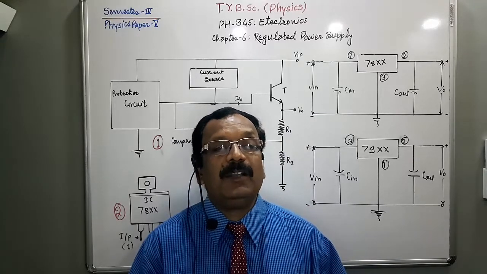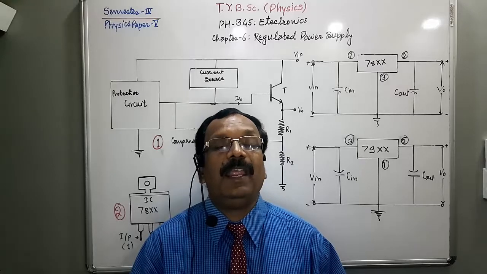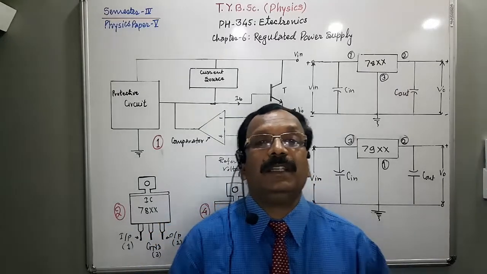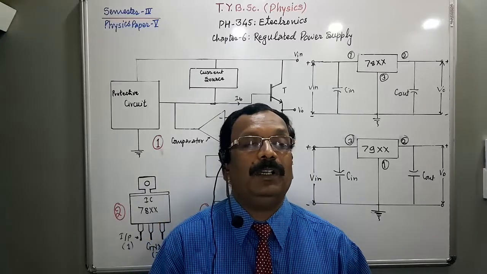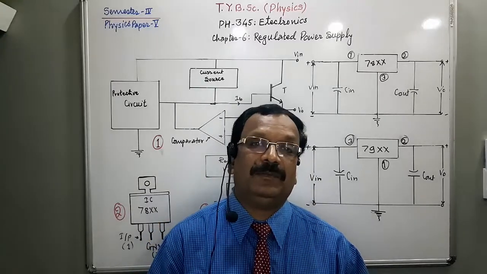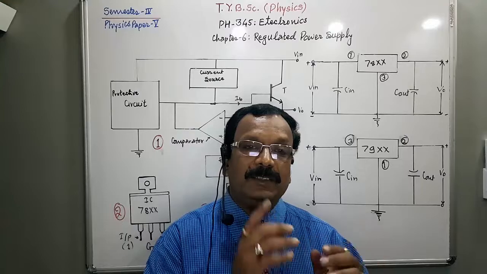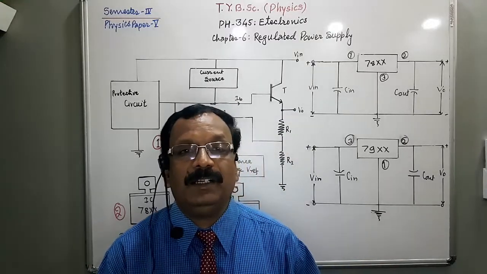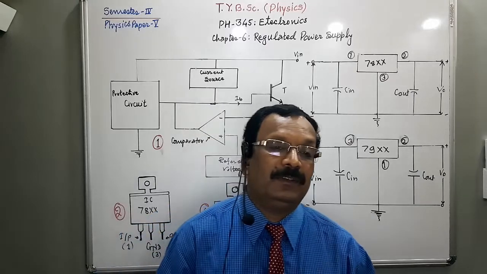These IC regulators give a well defined DC voltage with extremely low ripple voltage over a wide range, that is, from 0 to 40 volt DC regulated output voltage.